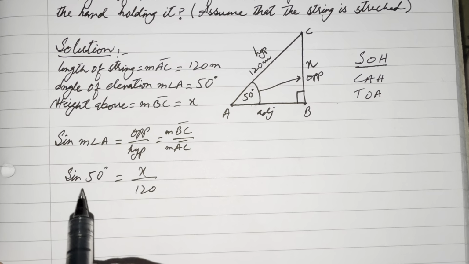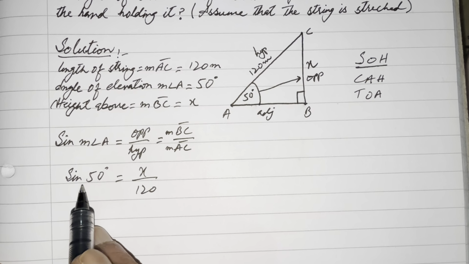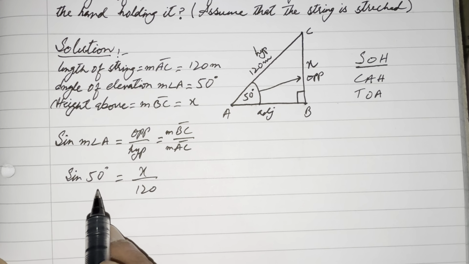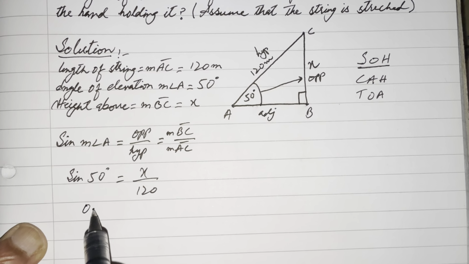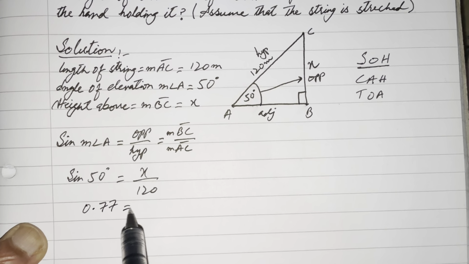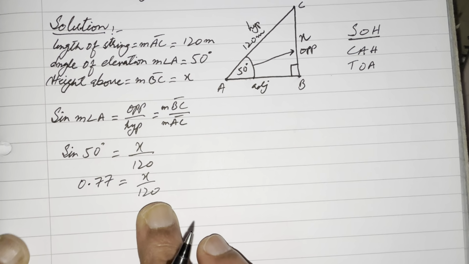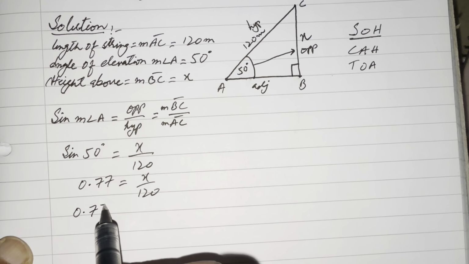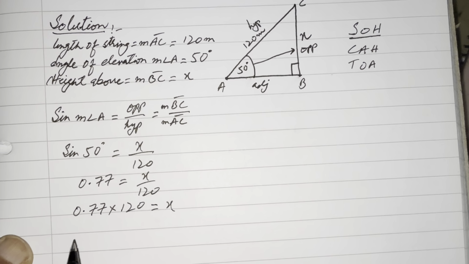Now what we have to do is use the calculator to find the value of sine 50. Sine 50 is equal to 0.77, which is equal to x over 120. Now take this 120 to the other side. So we can write 0.77 multiplied by 120 is equal to x.